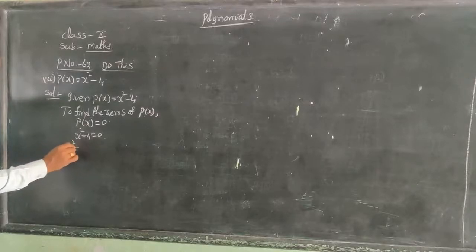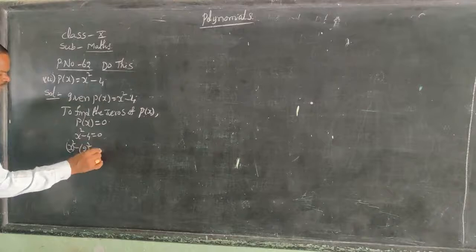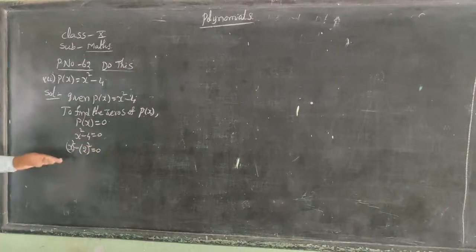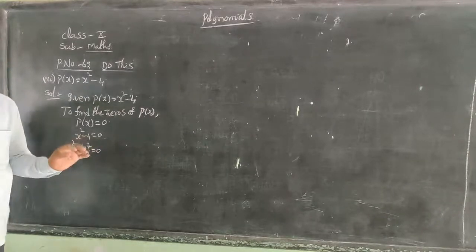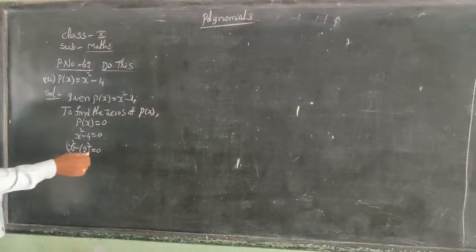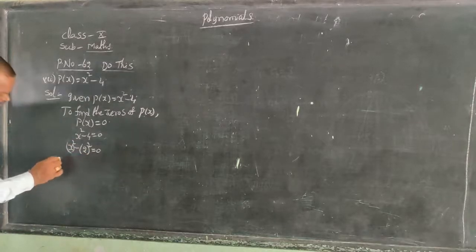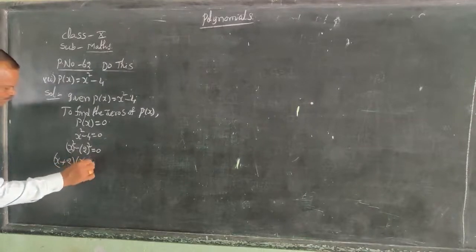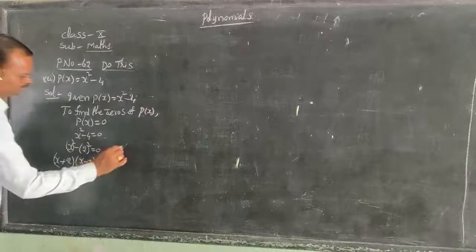That means x whole square minus 2 whole square is equal to 0. It is in the form of a square minus b square. It can be written as a plus b into a minus b. X plus 2 into x minus 2 is equal to 0.